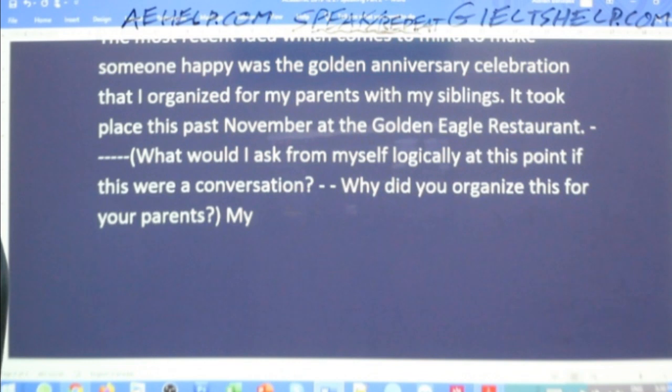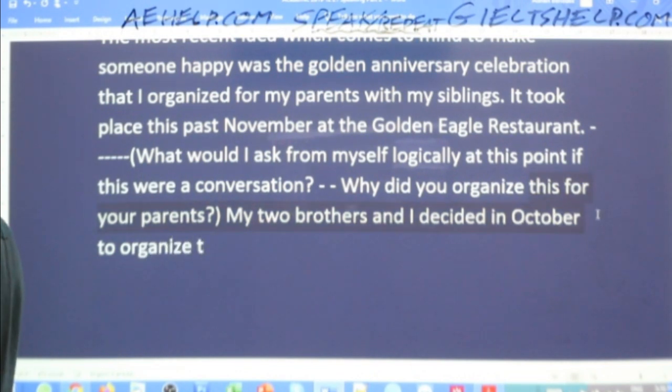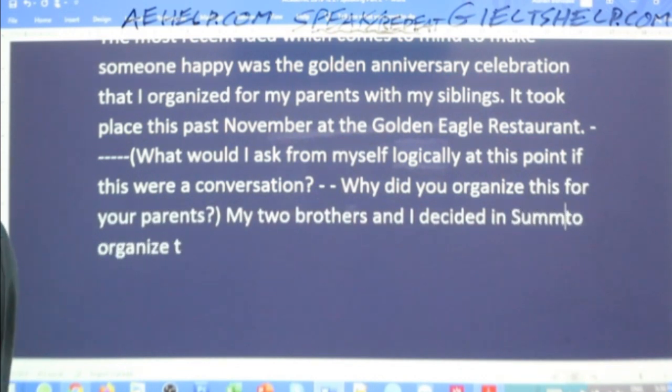So my two brothers and I decided in October to organize, or maybe even earlier, right? Such a big party, you might be organizing it in the summer already.